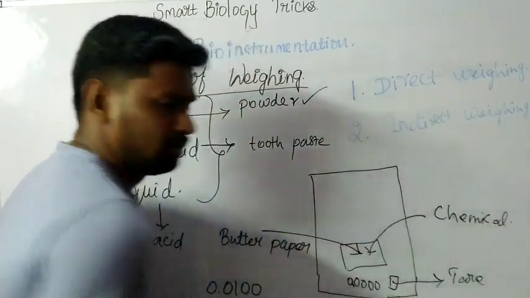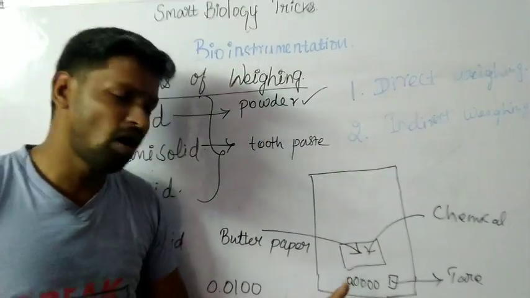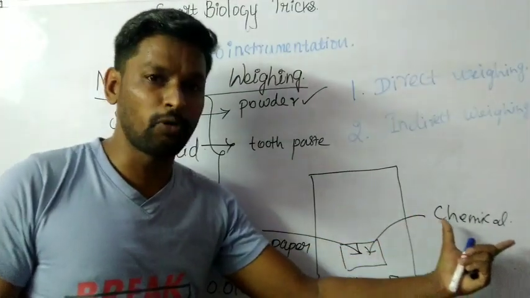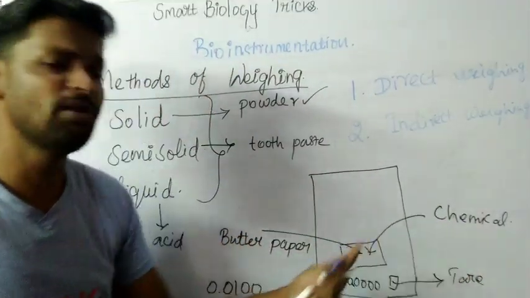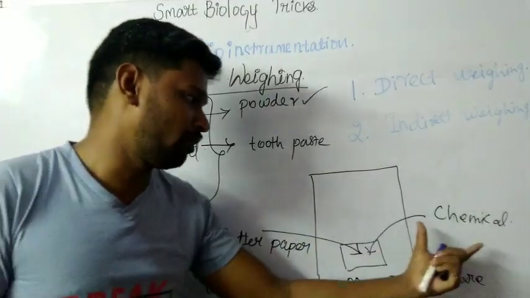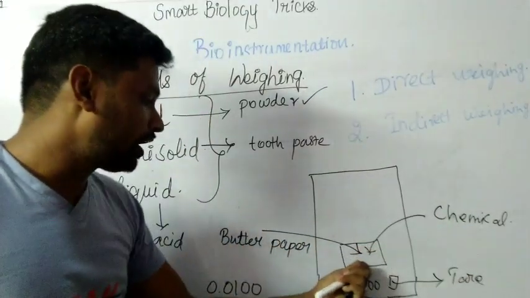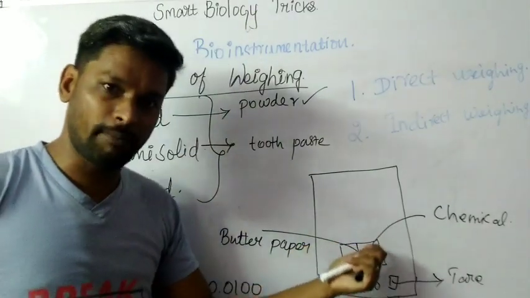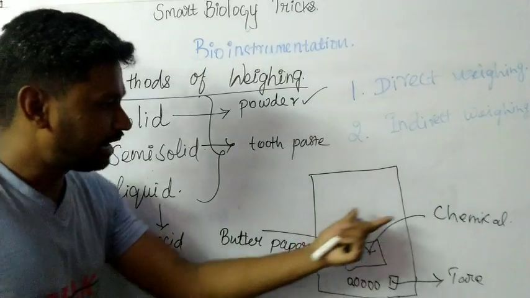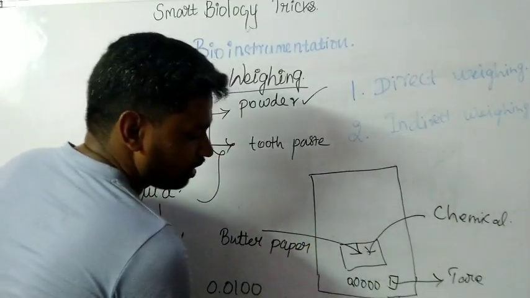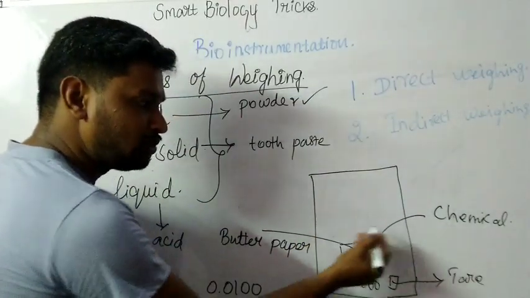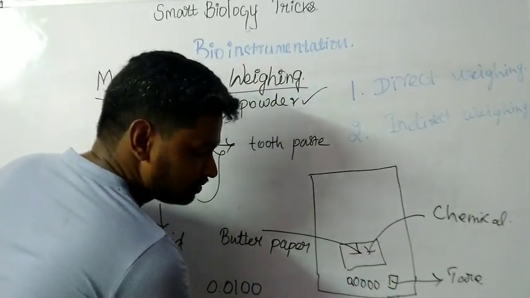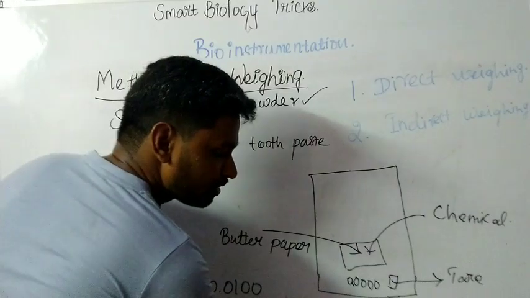Whatever chemical is used in a biological or chemical laboratory, in powder, liquid or semi-solid form, should be loaded on the butter sheet or any cup-like material. As you gradually load the sample, the value will gradually increase, for example 0.1256.